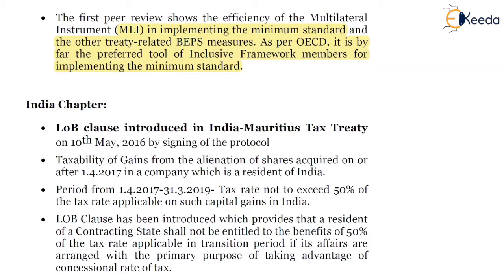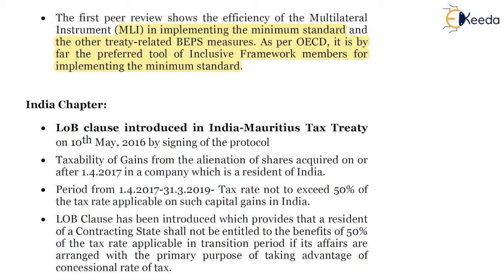to tax the capital gains in the hands of Mauritius company for initial two previous years, which is from 1st of April 2017 to 31st of March 2019. So two previous years are involved, 17-18 previous year and previous year 18-19.